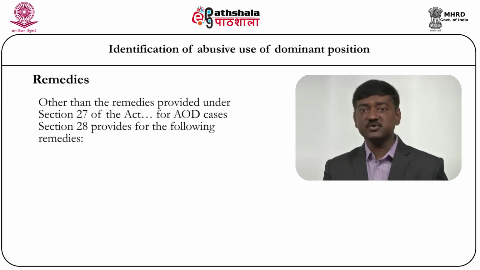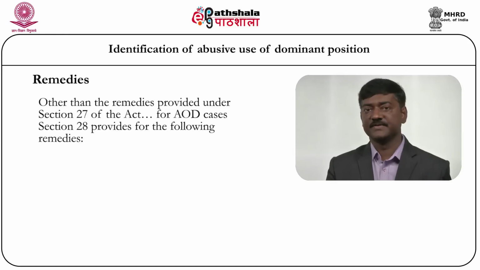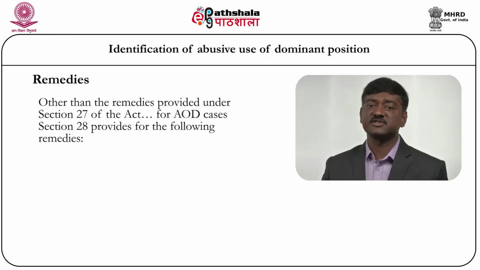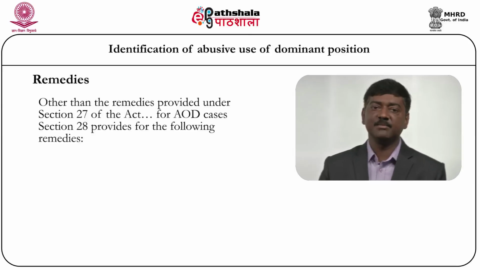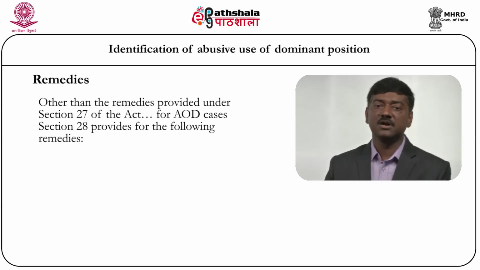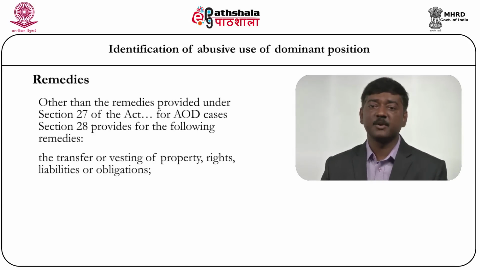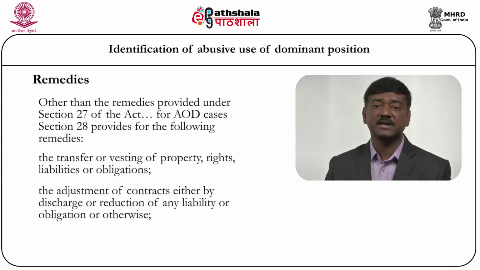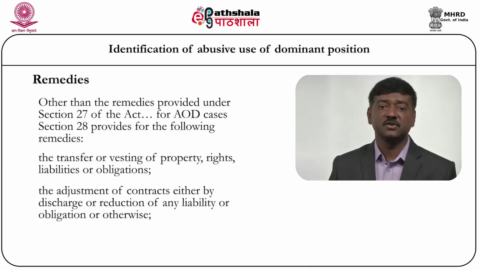But in relation to abuse of dominant position offences, there is a specific section, section 28, which provides for additional remedies. These remedies are that there can be an order to transfer or vesting of property rights, liabilities and obligations. There can be the adjustment of contracts either by discharge or reduction of any liability or obligation or otherwise.